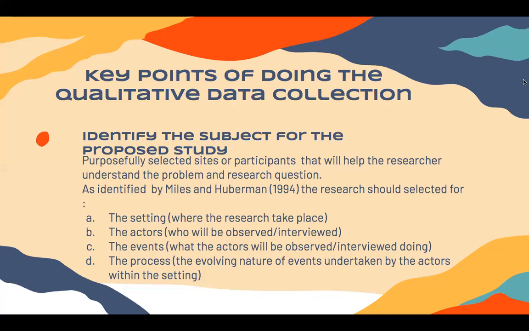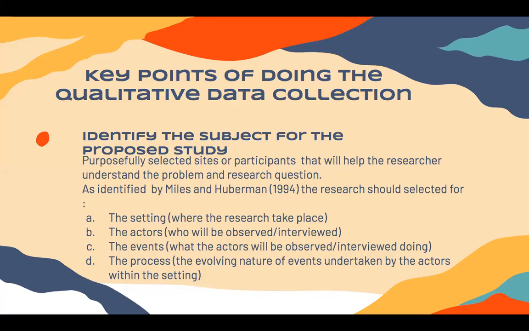The key points of qualitative data collection: first, the researchers have to identify the subject for the proposed study. So here there are purposefully selected sites or participants that will help the researchers understand the problem and research question.